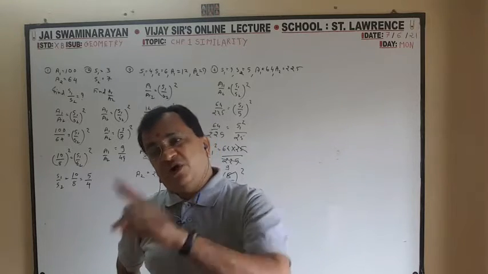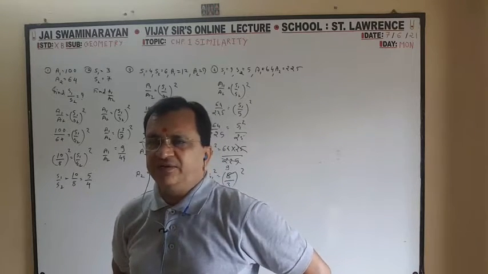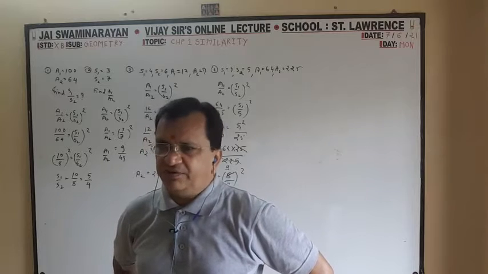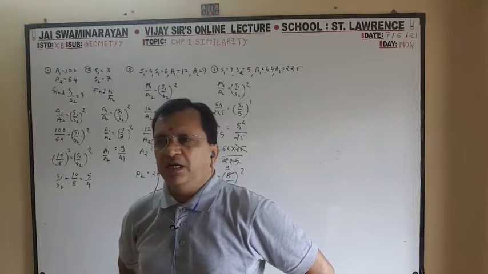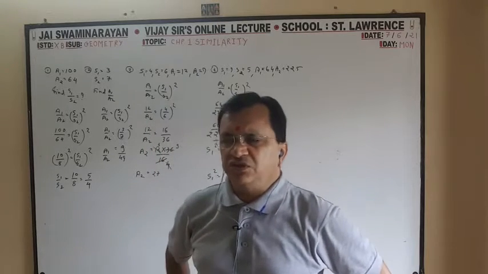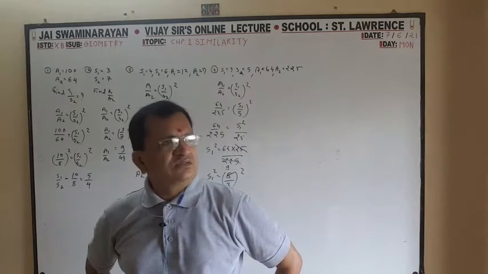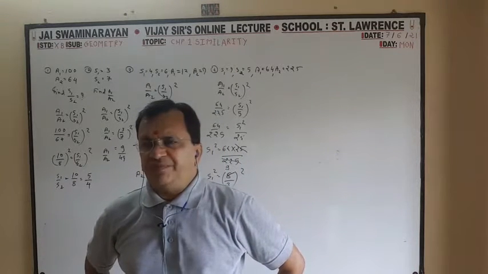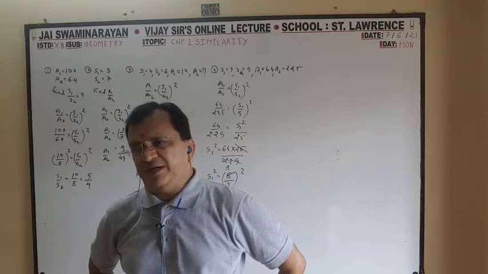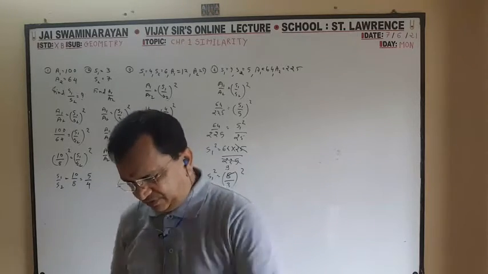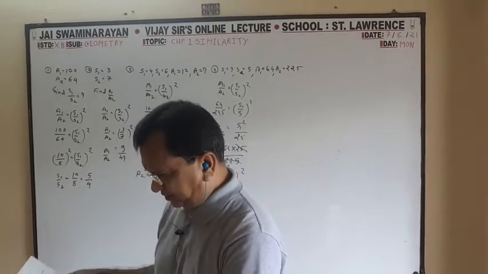When triangles are not similar, how to find out the ratio of area, that also we have discussed. So in 2 lectures, chapter number 1 full theory part is over. Now I'll start with the examples.